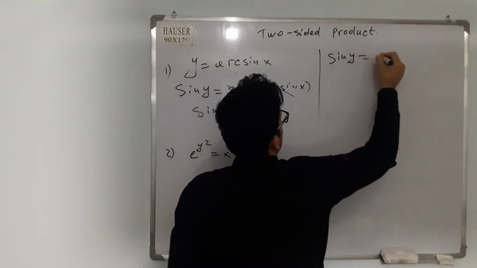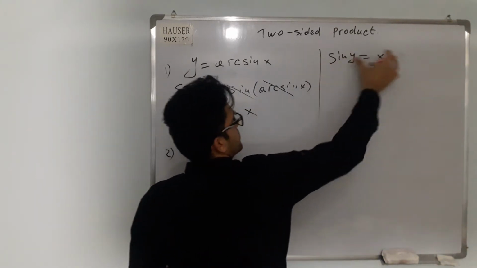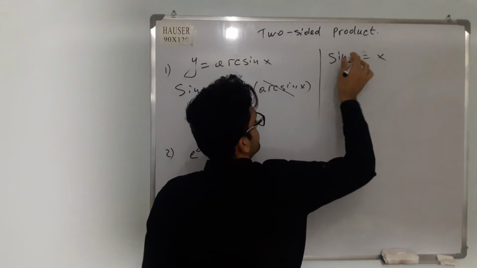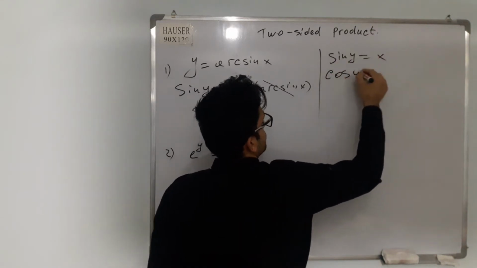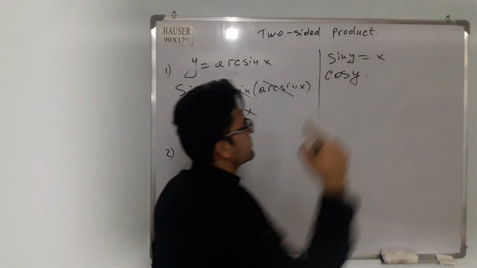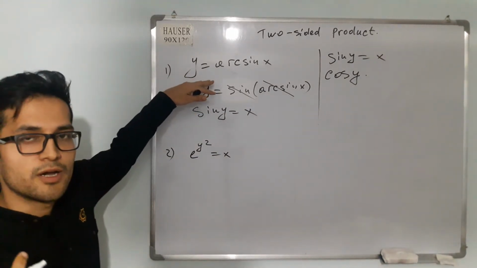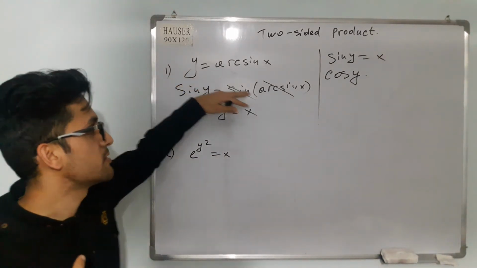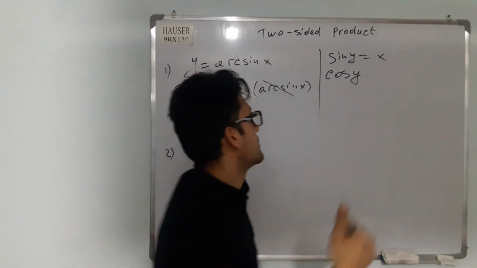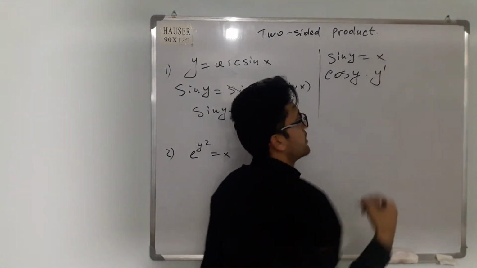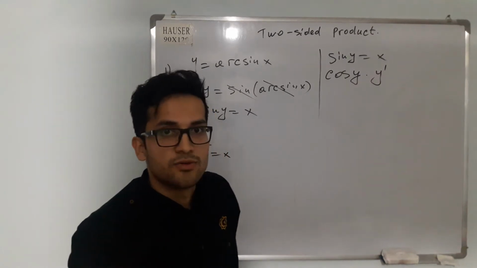So here, sinus y equals x. Then when you take a derivative from both sides, from sinus it will be cosinus y, and of course we should not forget that we are taking a derivative of y, not x. So we should again write the derivative of y.